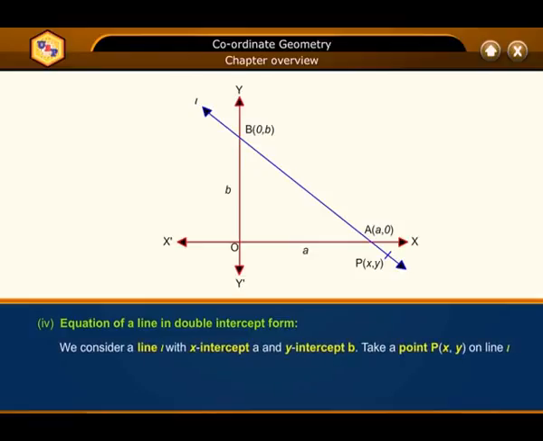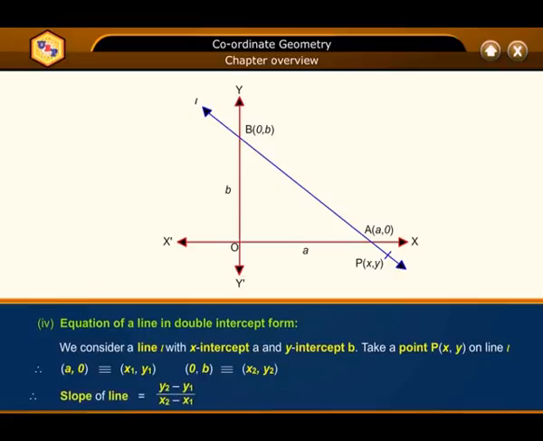Equation of a line in double-intercept form. We consider a line L with x-intercept a and y-intercept b. Take a point P(x, y) on line L. A(a, 0) is equal to (x1, y1) and B(0, b) is equal to (x2, y2).